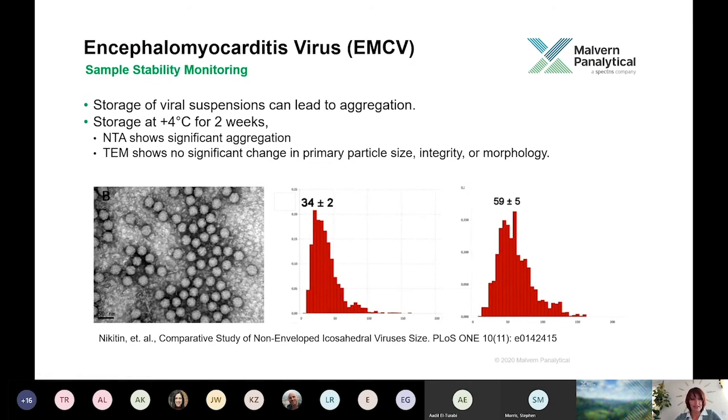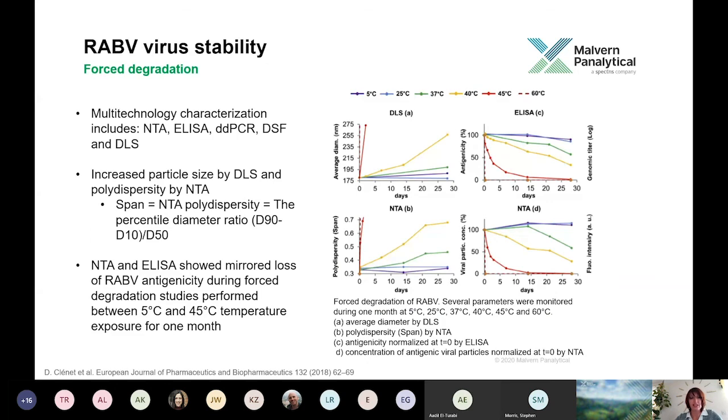So also recently, the World Health Organization has set some guidelines on evaluation of vaccine stability and recommends to conduct basic and accelerated stability studies to determine optimal stabilizing conditions and establish the shelf life specifications. So in this example, the RABV samples used as a colloidal particle model were incubated at temperatures ranging from 5 to 60 degrees.